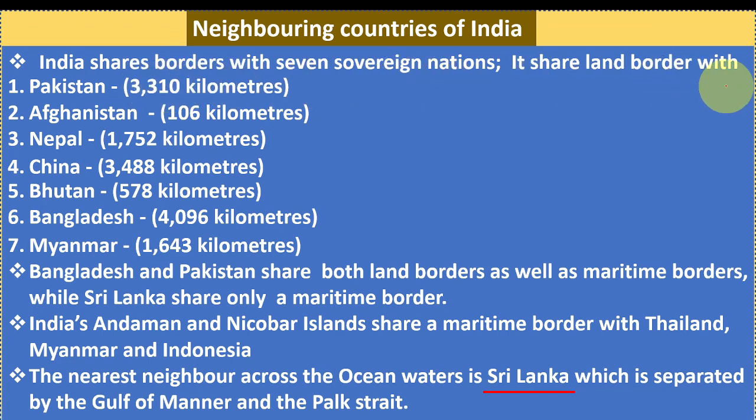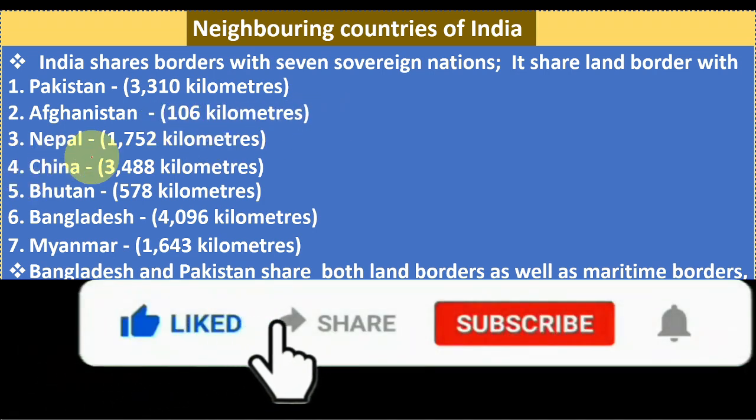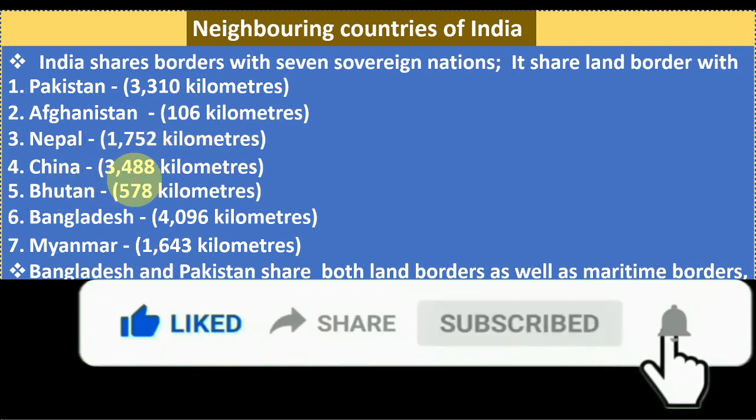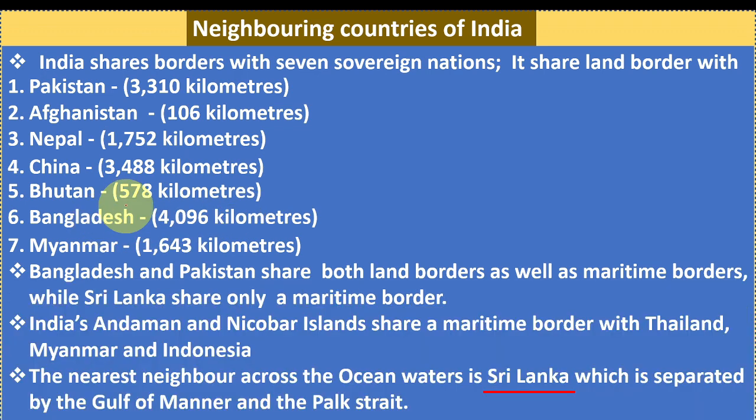It shares a land border with Pakistan of about 3,310 kilometers, with Afghanistan about 106 kilometers, with Nepal 1,752 kilometers, with China 3,488 kilometers, with Bhutan 578 kilometers, with Bangladesh 4,096 kilometers, and with Myanmar 1,643 kilometers.